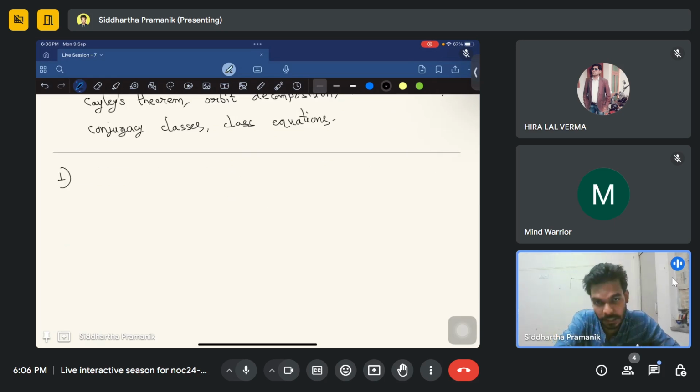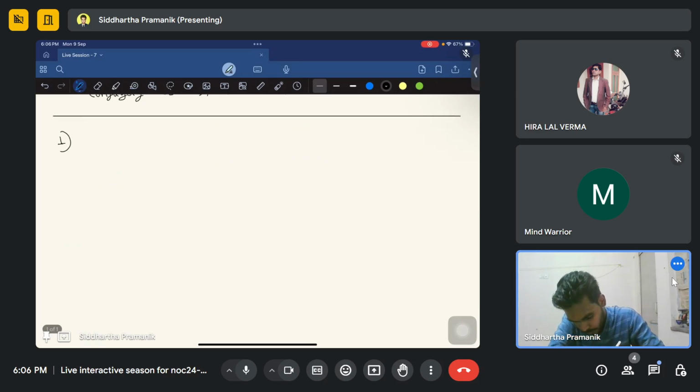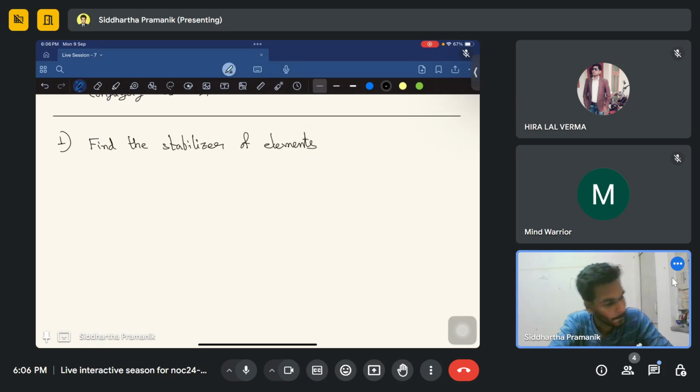In this first problem, I will give some group actions, and the problem is we have to find the stabilizers of elements of S in each of the following group actions.